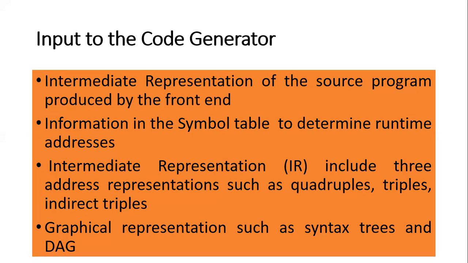Next, intermediate representation, that is IR, includes three address representation, either through quadruples, triples or indirect triples. And if we are considering graphical representation, it is through syntax tree or directed acyclic graph. So these all are considered as input to the code generator. So you have to bring out these points.